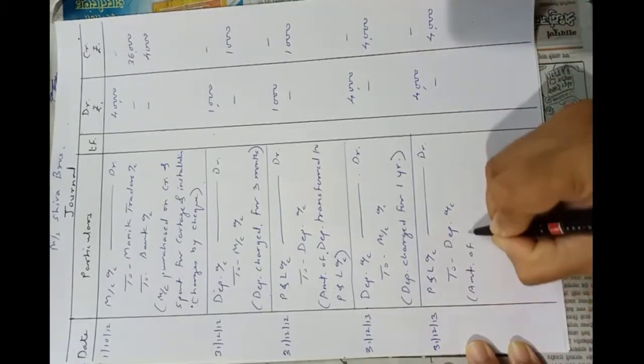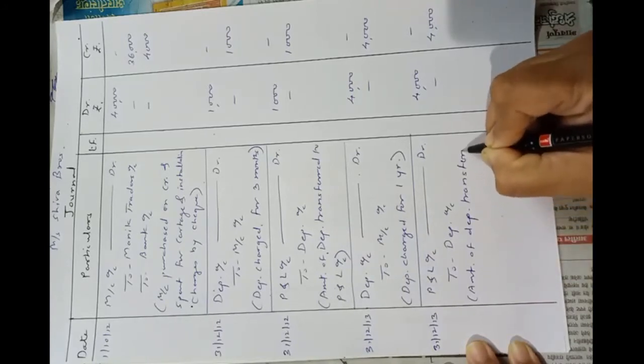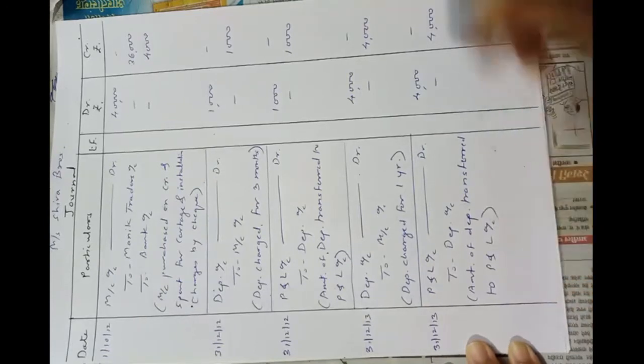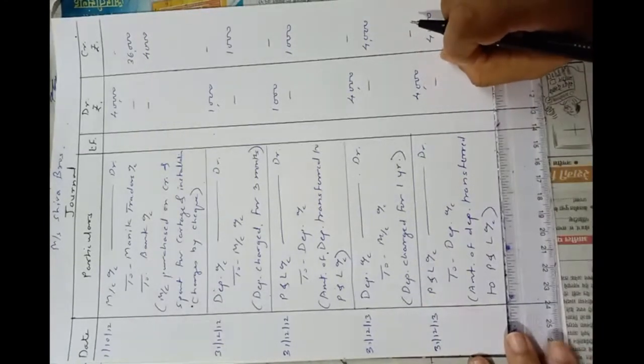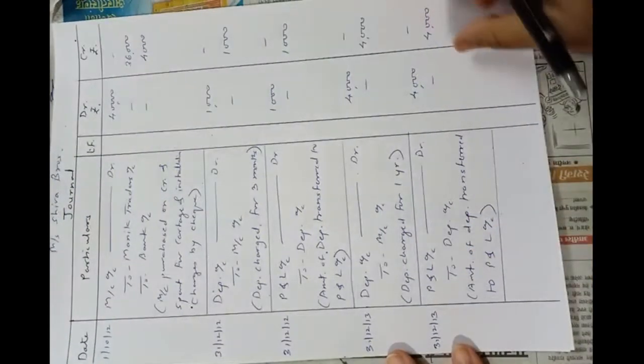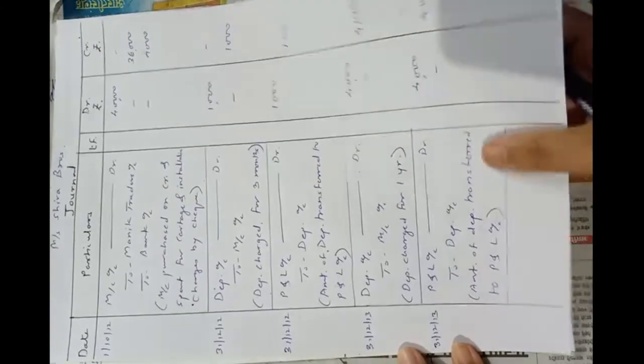Amount of depreciation transferred to profit and loss account. Okay, now next two entries will be repeat entries on 31st December 2014.